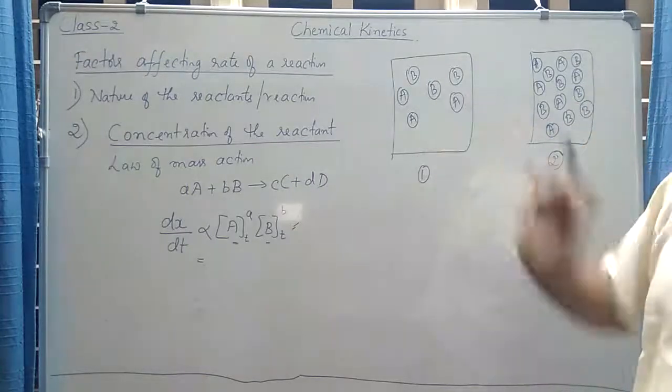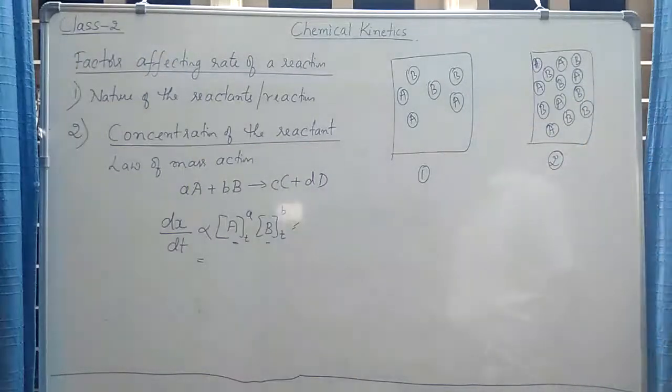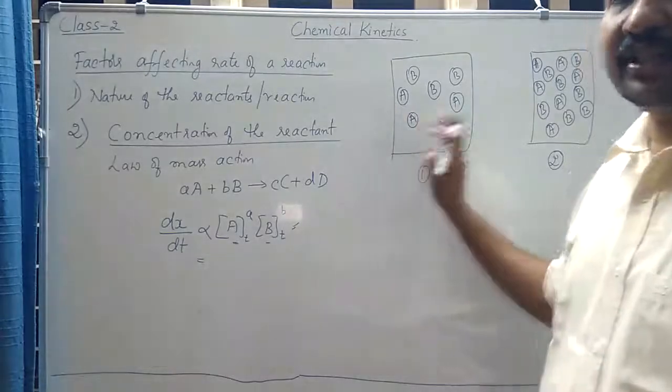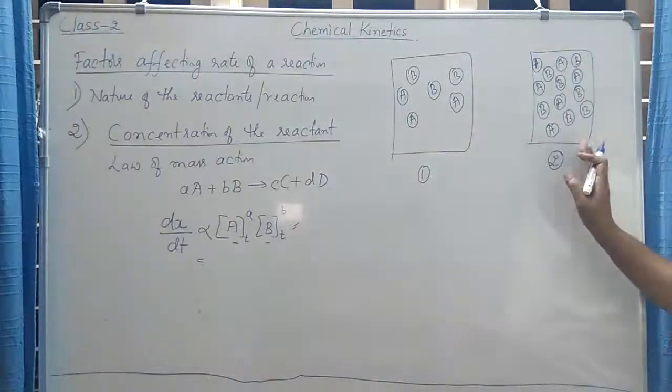In the second case, only 3 molecules of A and B in the first case. So the concentration of the reactant is less here, whereas the concentration of the reactant is greater here.